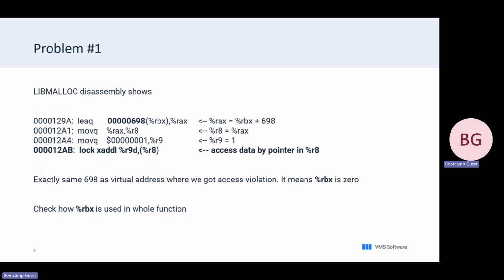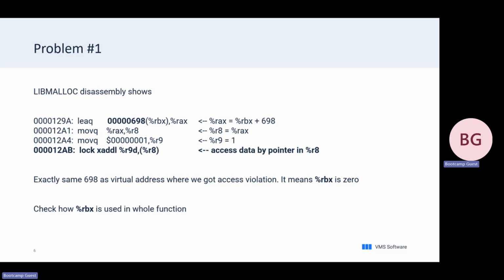So we look at that offset, we look at the disassembly, and we see that the problem is at 12AB, which accesses some data. And we see 698, which was in the virtual address. So it means that RBX was 0, but the program expected something there.